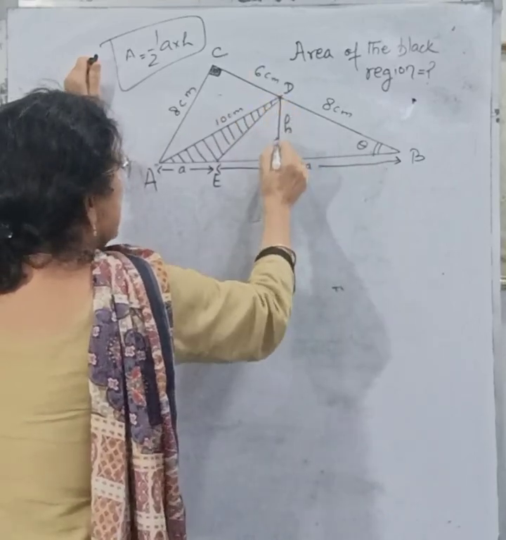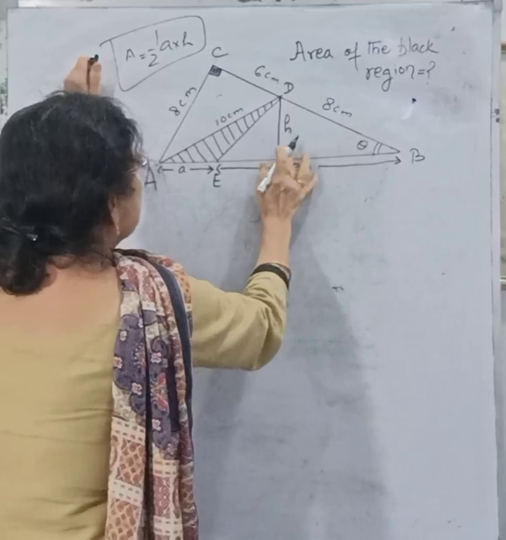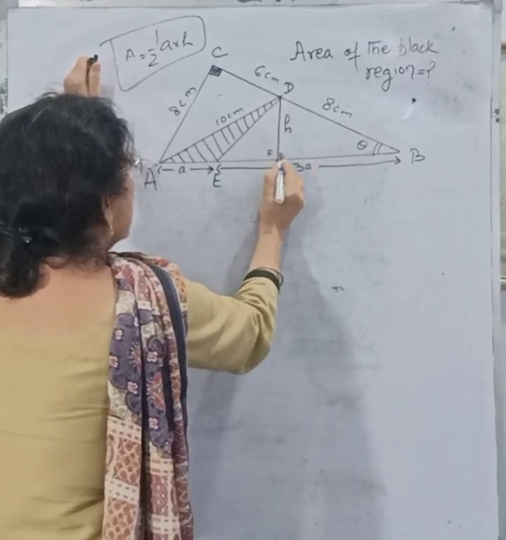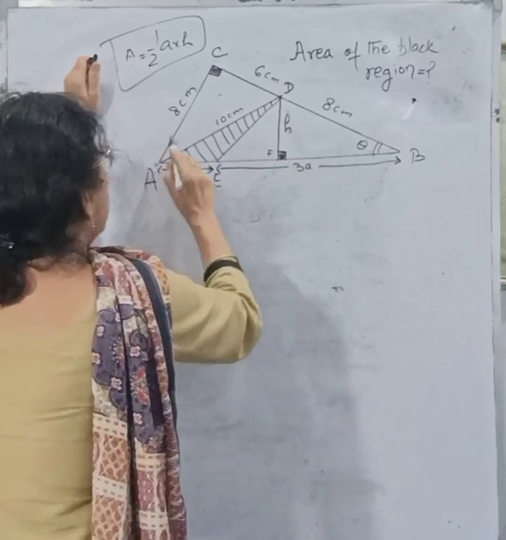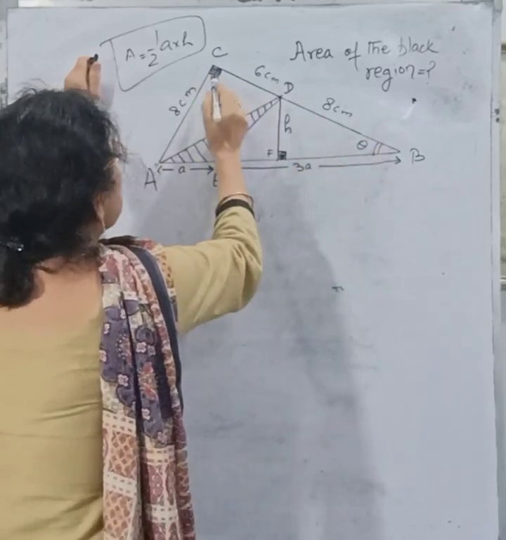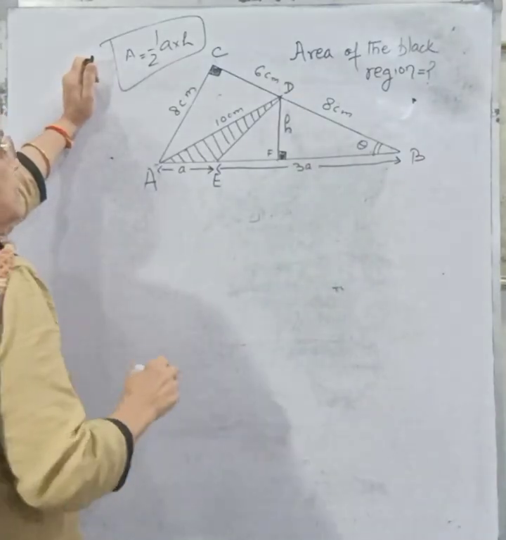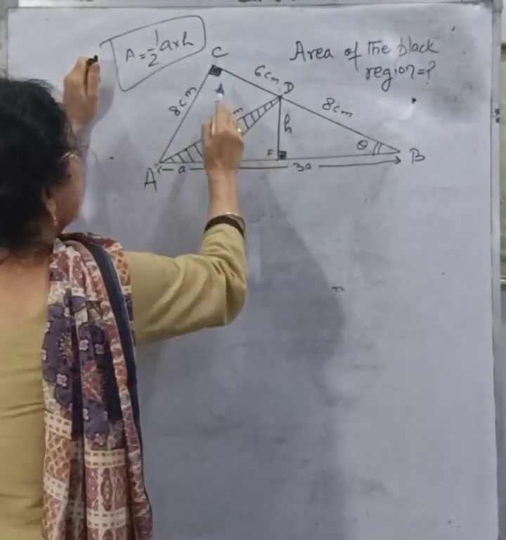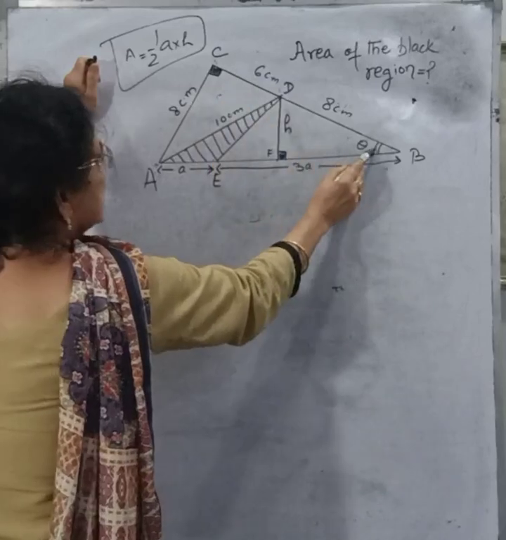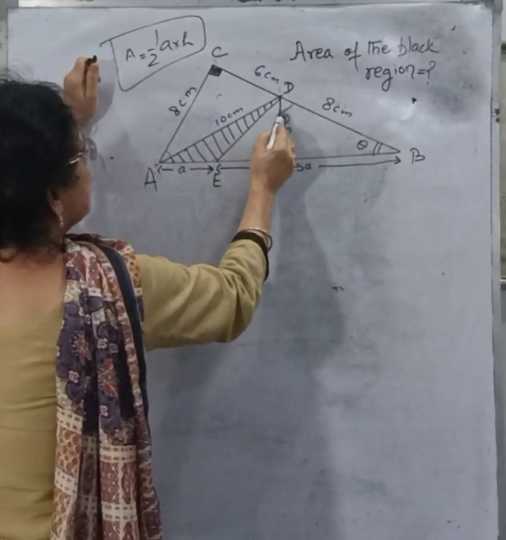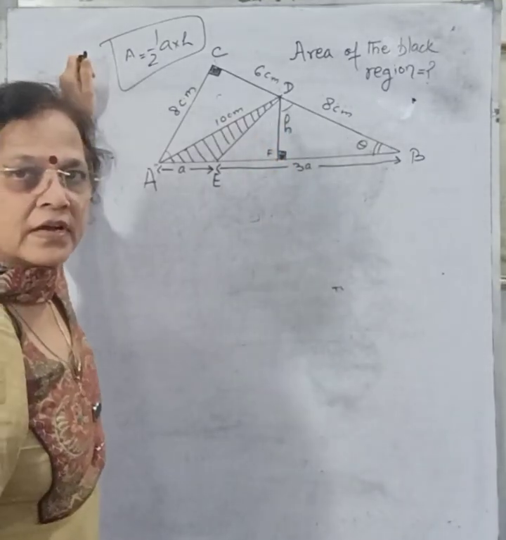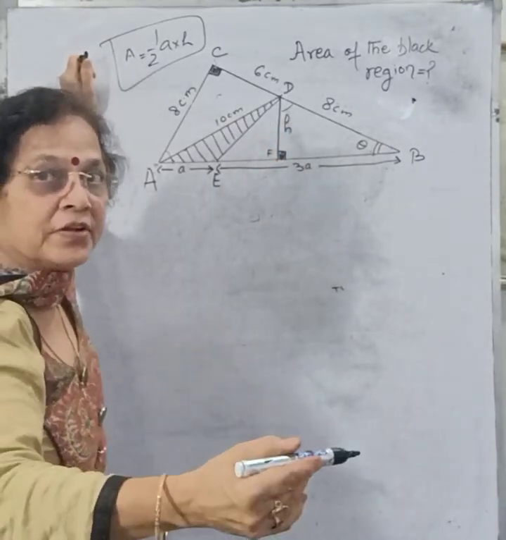One is this DFB where this is 90, and in triangle ACB where this is 90. It means they have this angle equal to this angle. This is very much common, and hence they are having angle similarity.